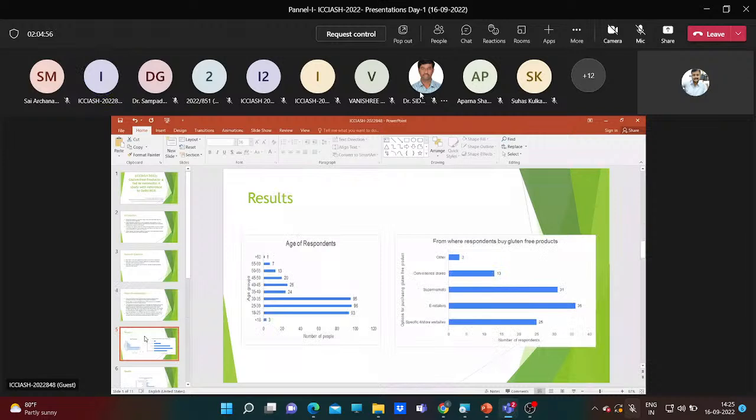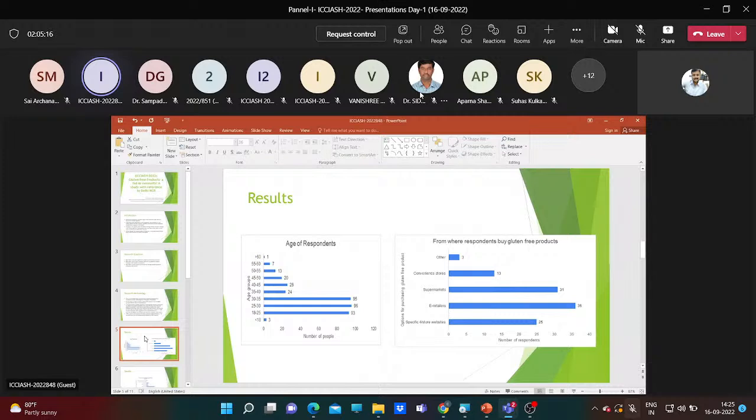The first graph here shows the demographic profile of the respondents. We surveyed 379 respondents, out of which 40% were male and 59.63% were female. Respondents were from the age group of 18 to 60 years.